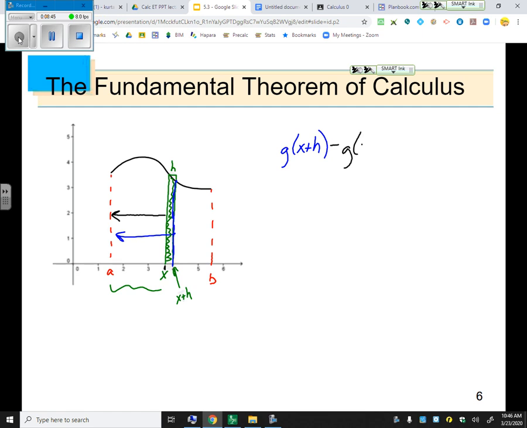So it'd be minus g of x. Again, let me state what I've done, okay? So I took this whole area that was to the left, all of this, including that approximating strip, and I've subtracted off the area that's just to the left of it. That should leave me with exactly the area of this approximating strip.